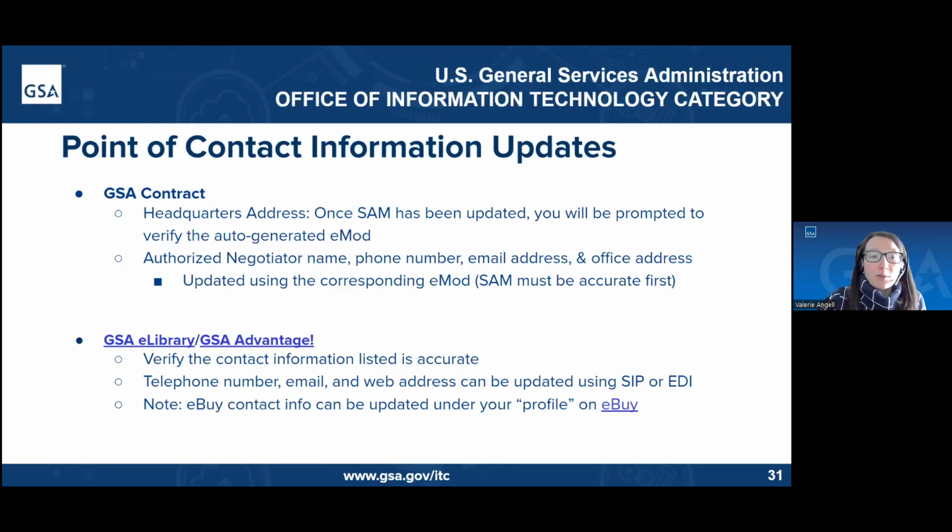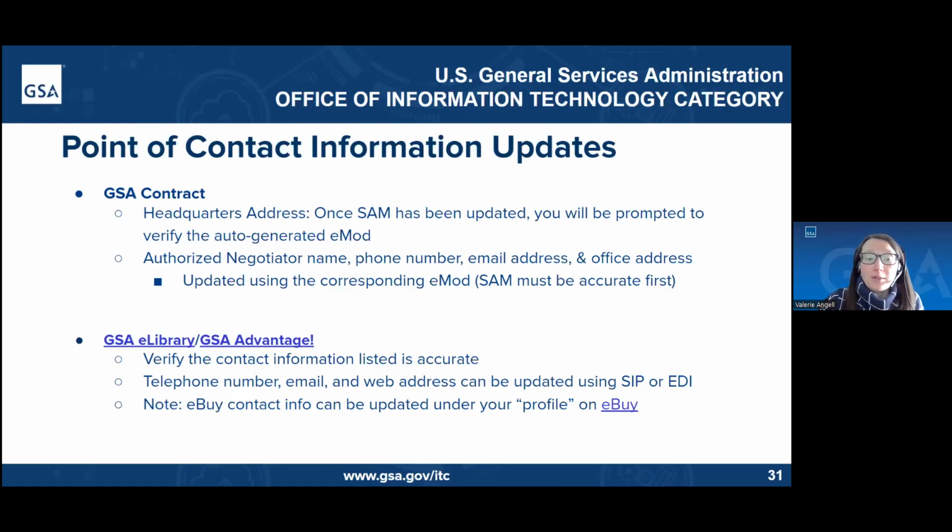We also often get the question of how to update the points of contact in GSA's eLibrary or GSA Advantage. That can be a little tricky to change, but first you want to view your company's profile to verify whether or not the information listed is accurate.